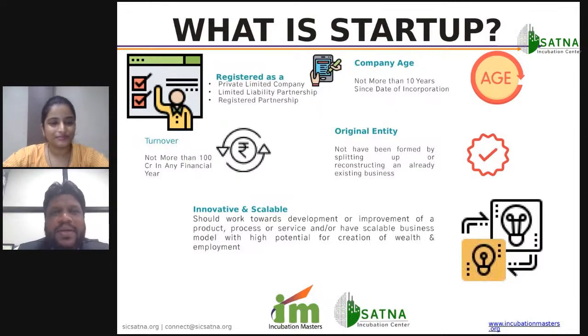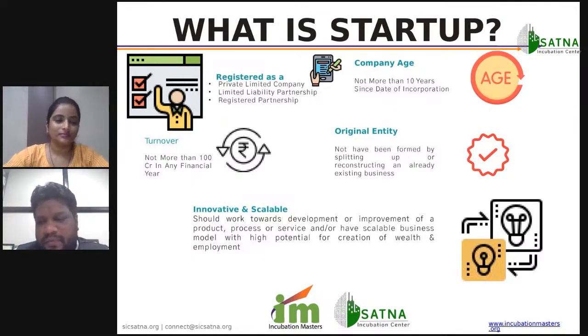If your company, LLP or partnership is incorporated in, say, 2014, and we are in 2023, so we are almost on the 10th year. Your entity should not be older than 10 years from the date of incorporation. If we are within 10 years, you can avail this benefit.